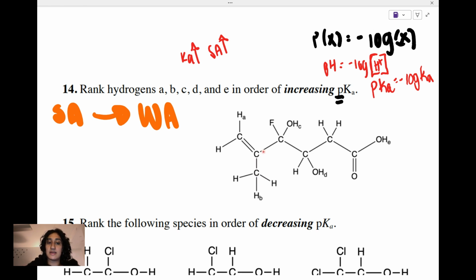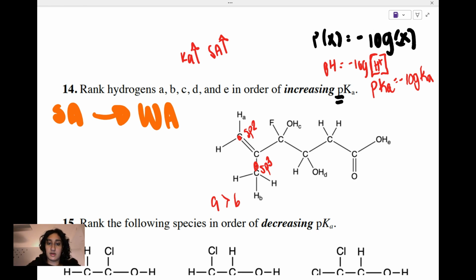So the hybridizations are going to be different, and this relates to the whole orbital concept, right? So here our hybridization is sp2, and here it's sp3. And we said that the more s character something has, the more acidic it is. So A is going to be more acidic than B.